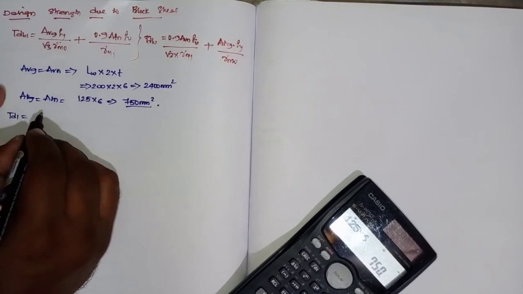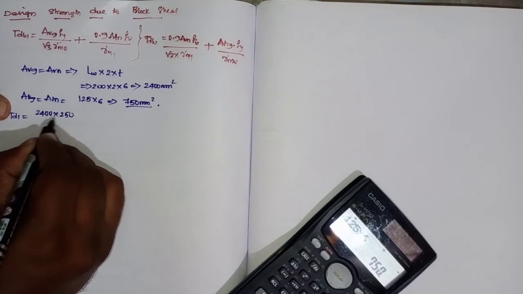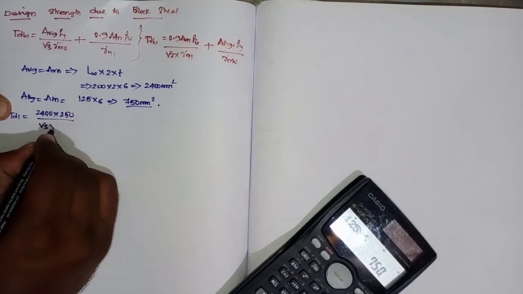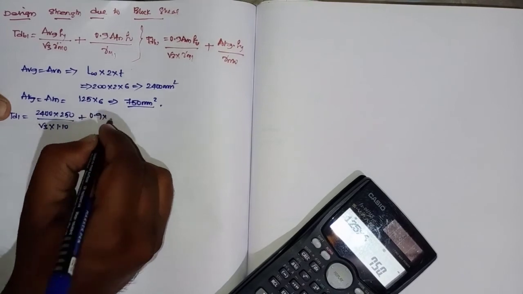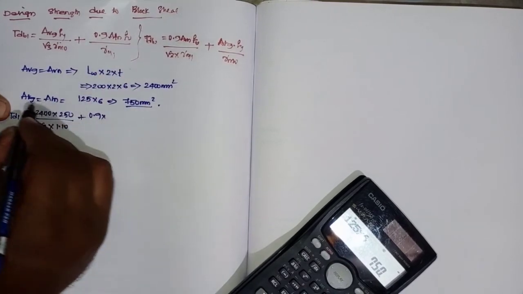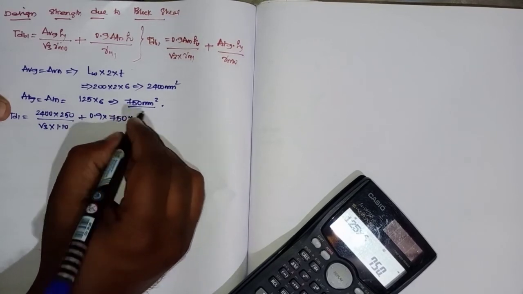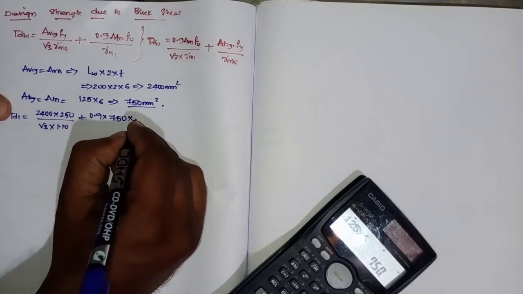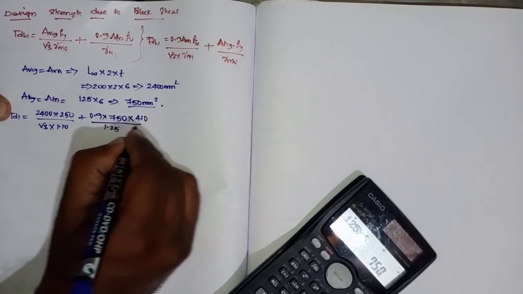So AVG is how much? 2400 into 250 divided by root 3 into 1.10 plus 0.9 into, what is ATN? ATN, area under tension, right? 750 into, what is FU? It is 410, I think, right? Divided by 1.25.